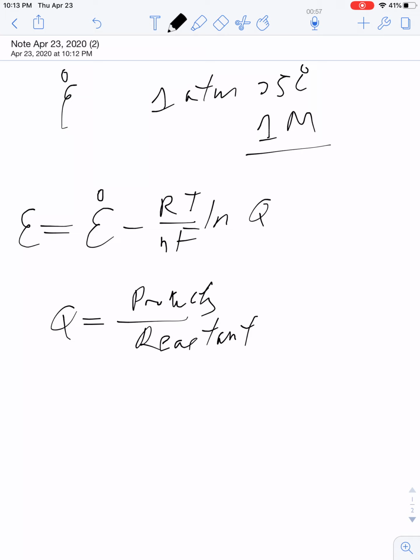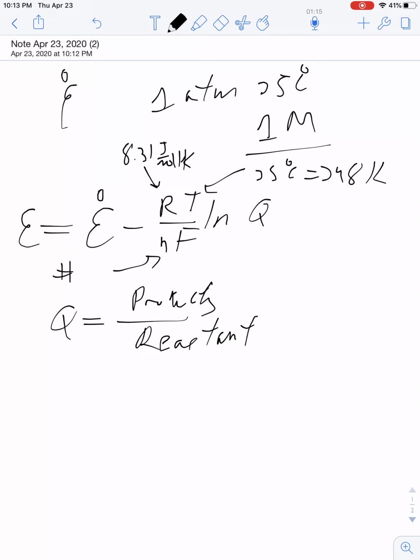So of the variables up there, R is 8.31 joules per mole Kelvin. T is temperature, 25 degrees Celsius or 298 Kelvin. n is the number of moles of electrons transferred in the reaction. And F is Faraday's constant.